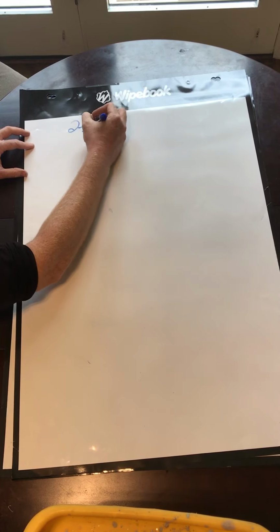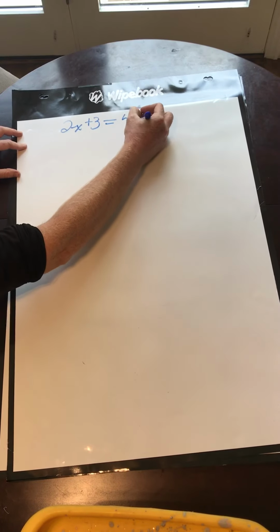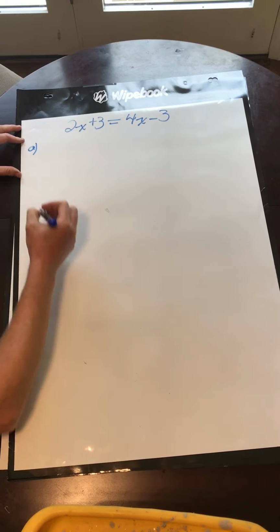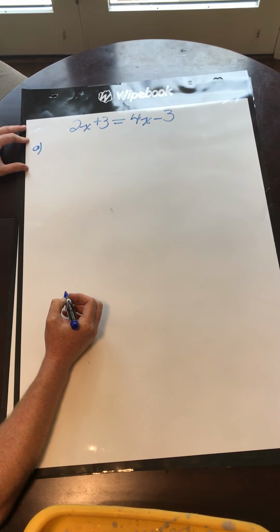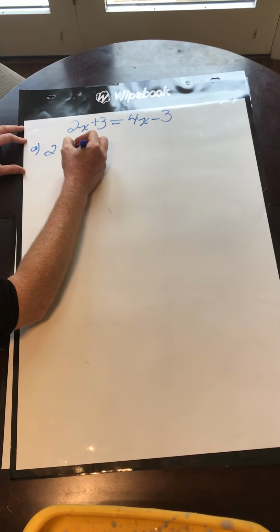2x plus 3 is equal to 4x minus 3. Again, interpret this equation in words. This means 2 times, right?